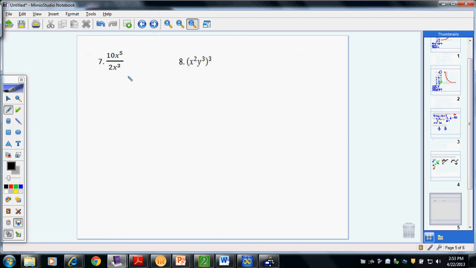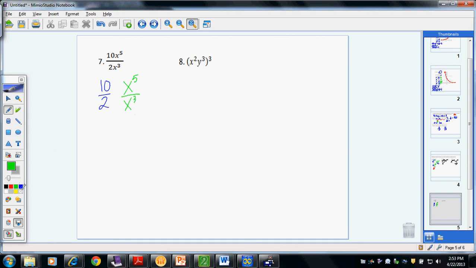Okay? So, this we're going to treat separately as well. We're going to take our coefficients, which we have 10 over 2, and we're going to multiply that by x to the fifth over x to the third.